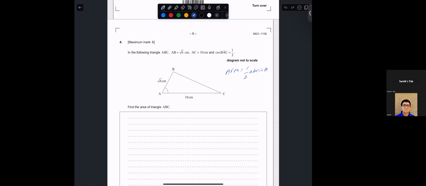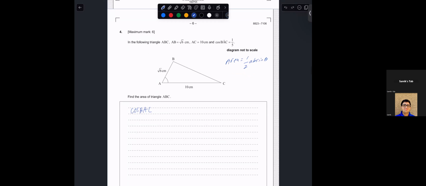In the formula booklet it might be given as half AB sine C, I believe. It should be given, so no need to worry about fully remembering it, but do remember it for your own good. So half AB sine theta. We're given cos BAC.